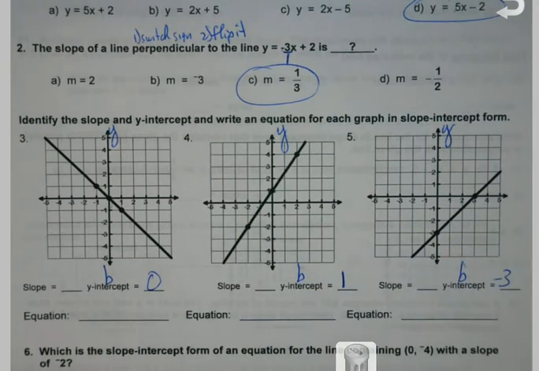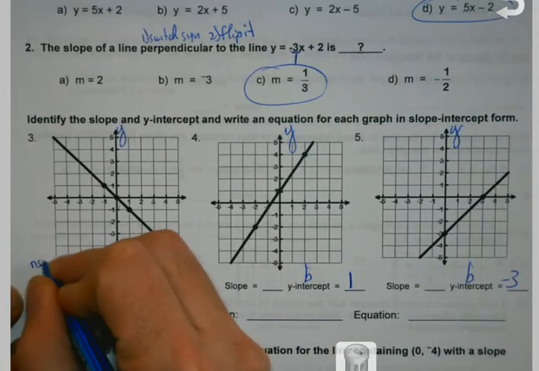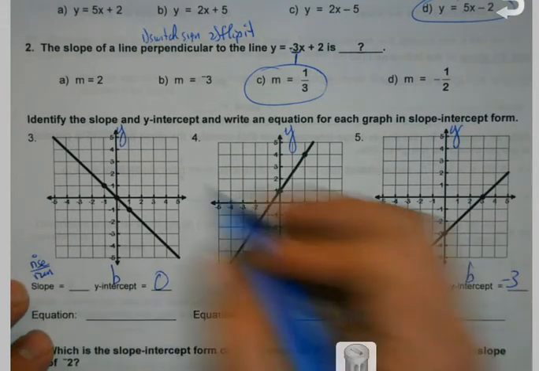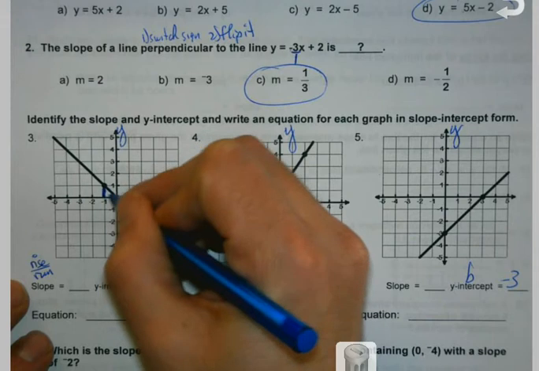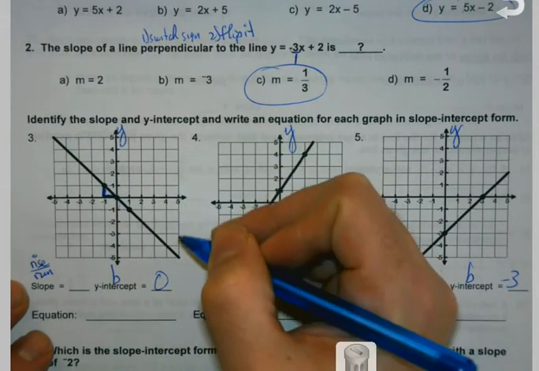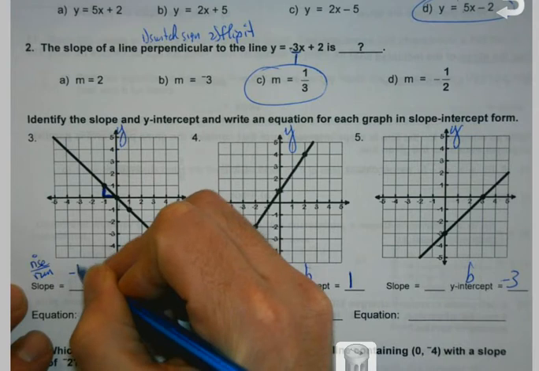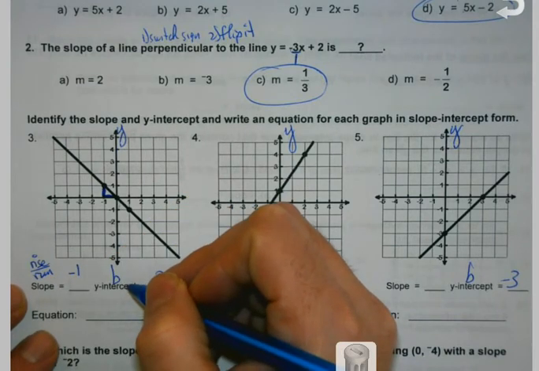My slope I have to do a little more work on. I pick any 2 points, and I look at my rise over run. In other words, if I'm going from this dot, let's say to this one, to get from here to here, I went down 1, which would be negative. Because again, if I go down, that's not a positive thing.